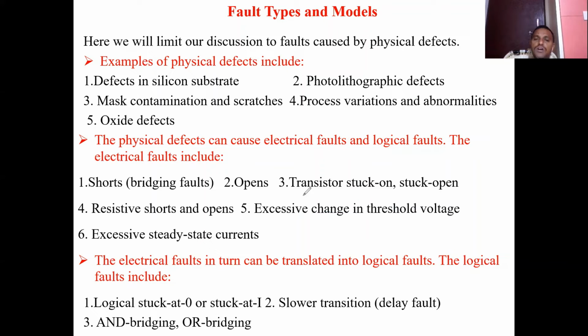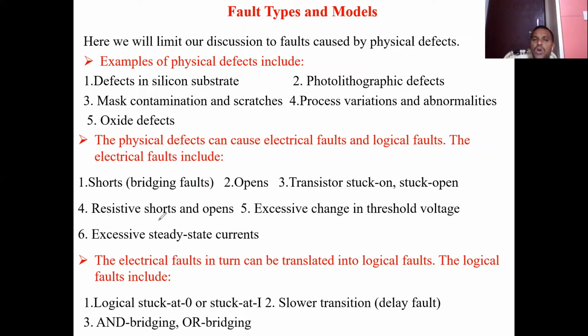If the P substrate is connected with the source to the ground, fine. If not, and you increase the source to substrate voltage, the threshold voltage will increase. So that is another physical defect that causes electrical faults. Excessive steady state currents are also electrical faults.